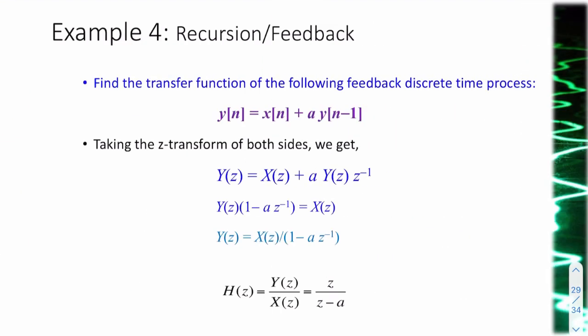Final couple of examples before we end the lecture. There's this idea of recursion or feedback. Now, if you have a discrete time process where the output is described in terms of the input, but also including a contribution from a scaled and shifted version of the output.